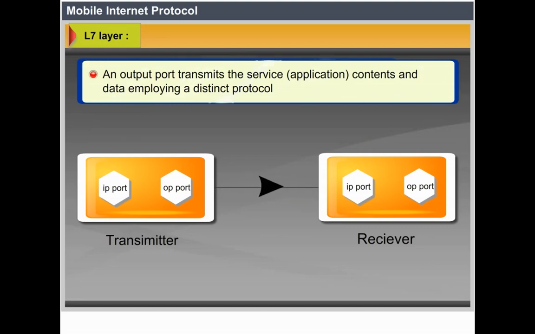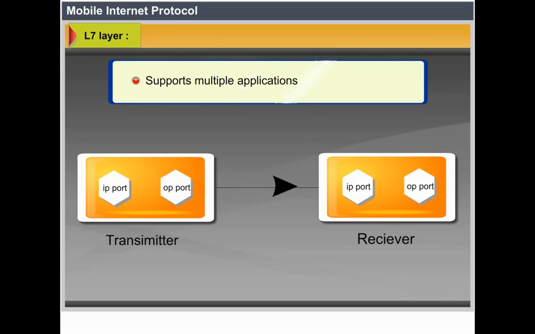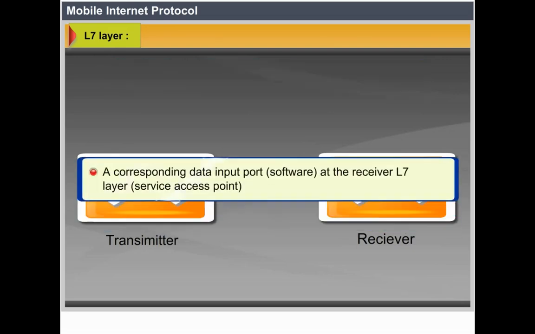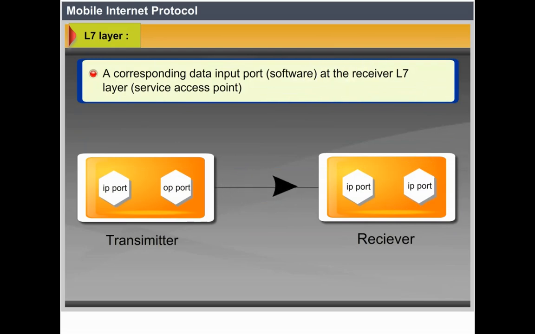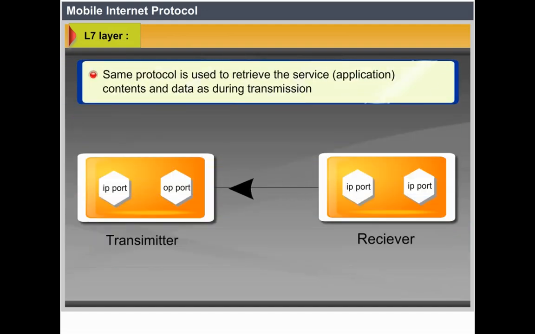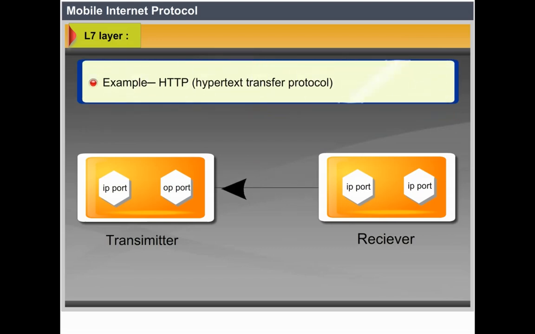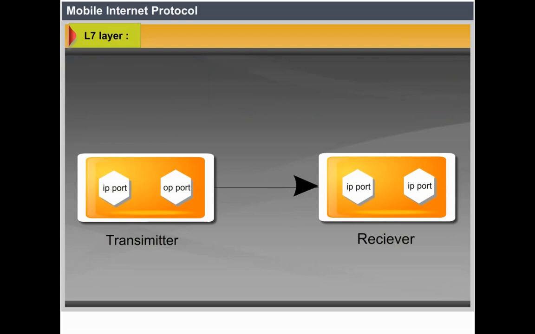An output port transmits the service application contents and data employing a distinct protocol, for example, HTTP, Hypertext Transfer Protocol. A corresponding data input port software at the receiver L7 layer, the service access point, uses the same protocol to retrieve the service application contents and data as during transmission, for example, HTTP.